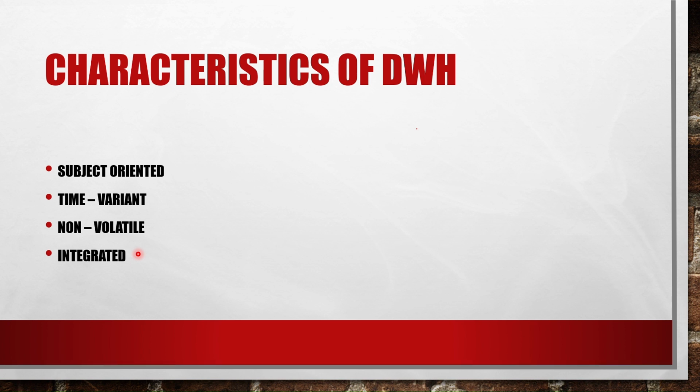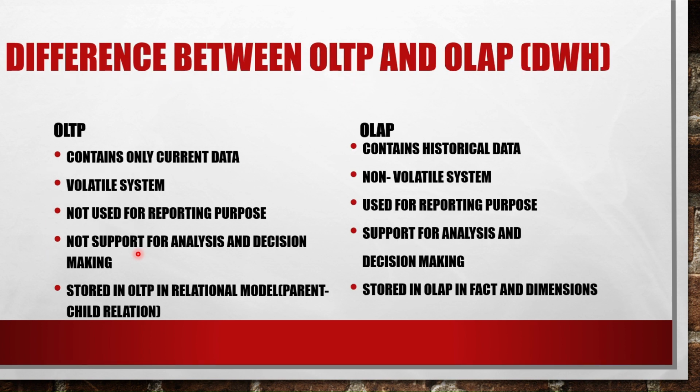Here I have given the difference between OLTP and OLAP. OLTP contains current data only, and it is a volatile system, that is, temporary storage, and is not used for reporting or analyzing purposes. The data is stored in the form of relational models, that is, parent-child relationships. OLAP contains historical data and is a non-volatile system, that is, permanent storage, mainly used for reporting, analyzing and decision making.